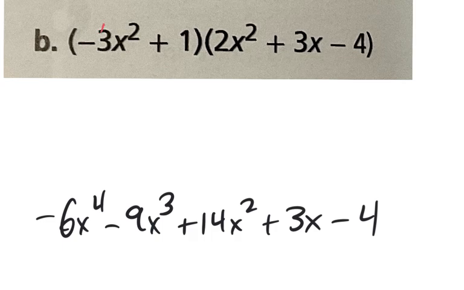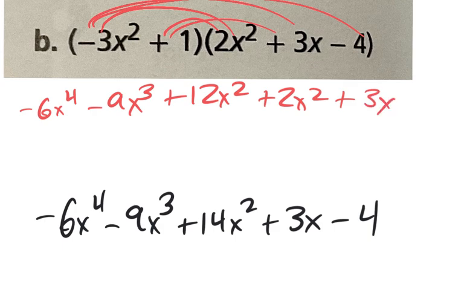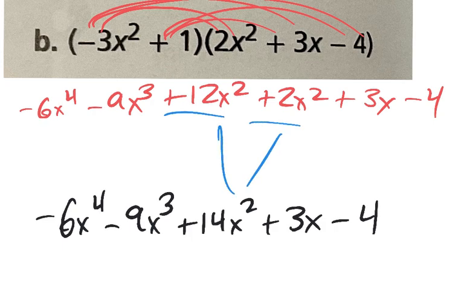If I go through each step, that should be negative 6x to the 4th minus 9x cubed plus 12x squared plus 2x squared plus 3x minus 4. So there's only one set of like terms, 12x squared and 2x squared, which we combine to give me 14x squared.